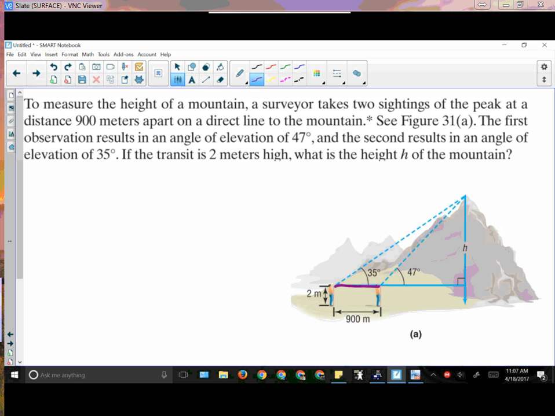Do I know what these angles are going to be? Well, I know exactly what this angle down over here is going to be, correct? Because this is 47 degrees. These two must add up to this, so this has to be 12 degrees up here, correct? That makes sense?